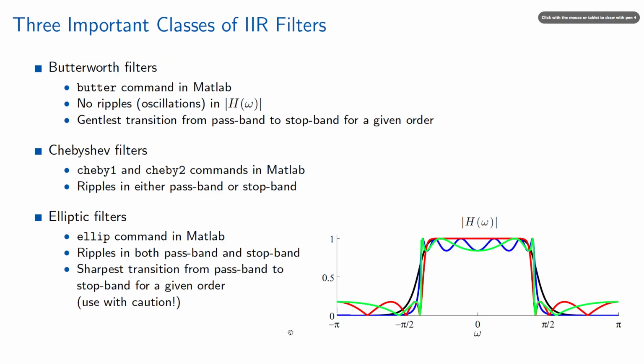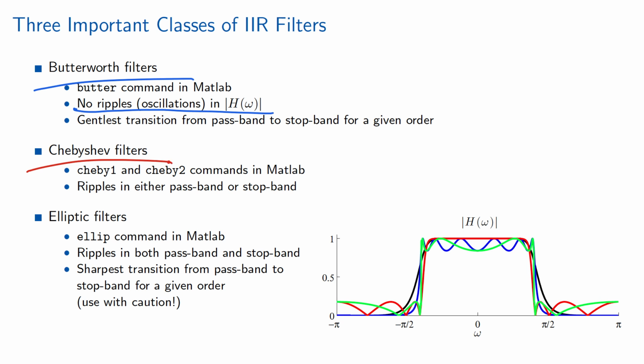And those are, as we're going to see over the next few slides, the Butterworth filters that have very nice properties. In particular, the fact that they have no ripples or no oscillations in their frequency response. The second is actually a family of two filters, Chebyshev 1 and Chebyshev 2 filters.